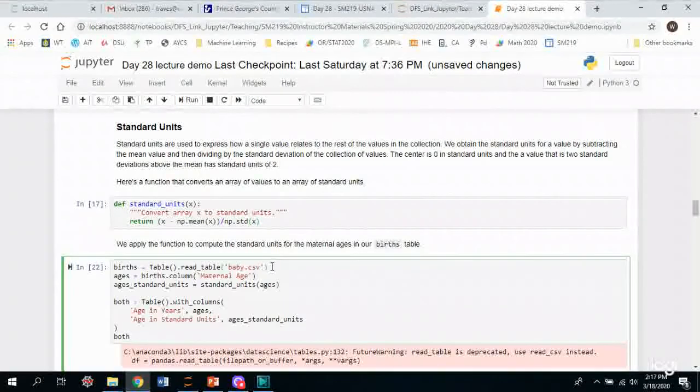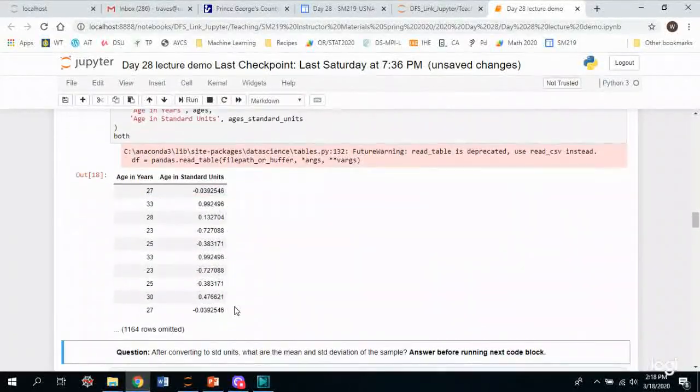Let's look at our table consisting of birth data. Look at the column of values consisting of maternal age and make the array ages. And then let's apply our standard units function to the array ages to get ages standard units. Then we'll put both the age in years and the age in standard units into a table called both. Here's that table.